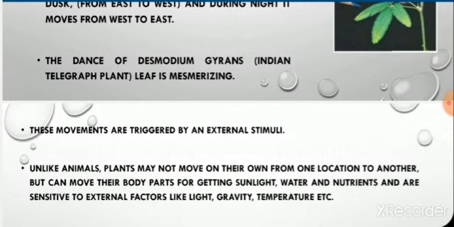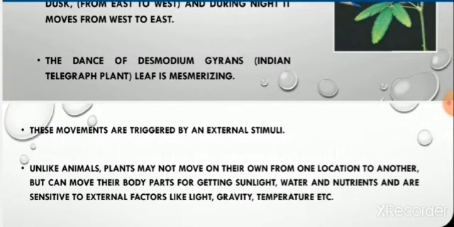Water will move inside, so already I told you about Mimosa pudica, where I told about that turgidity. Due to the entry of water, the motor cells will swell or bulge. And when the ions leave the cells, loss of ions will cause water efflux. What do you mean by water efflux? Water will move outside of the motor cells, and that will result in the shrinking of the cells.